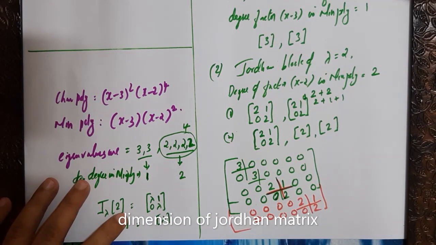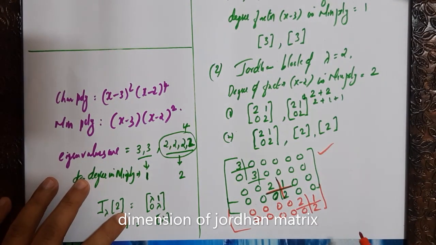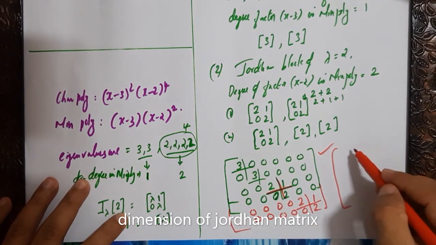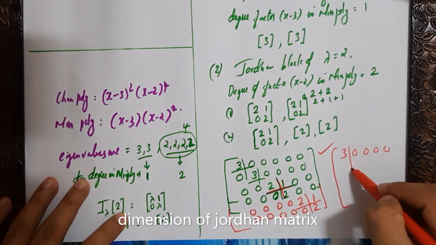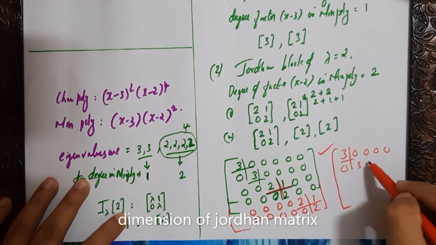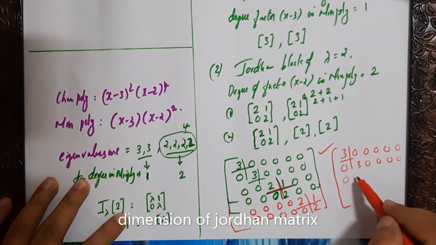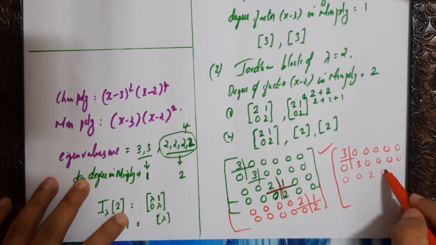and this matrix is in an option. This is a matrix of Jordan blocks, and the other matrix is 3, 0, 0, 0, 0, and this is 1, and this is always of degree 1, and 0, 0, 2, 1.